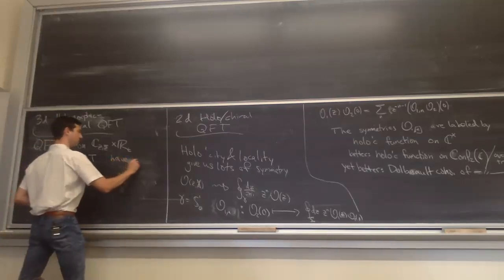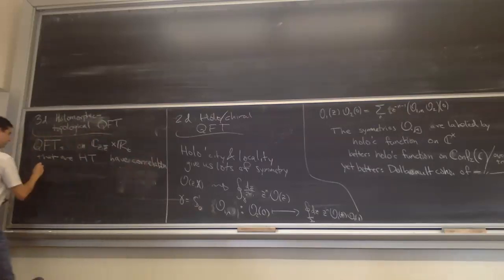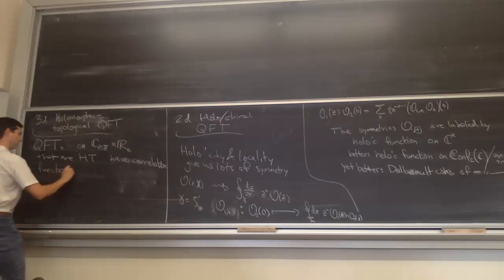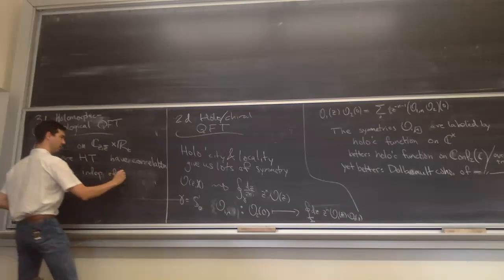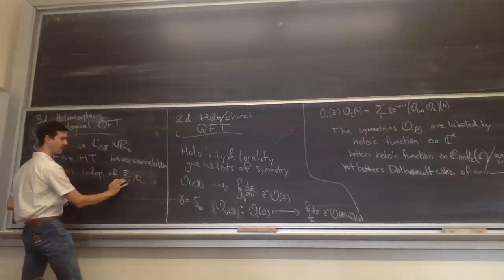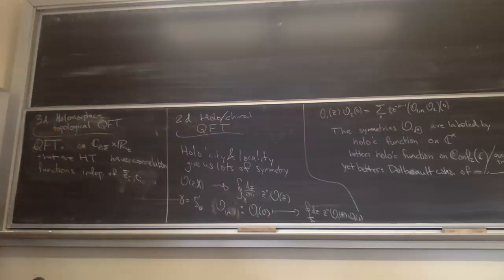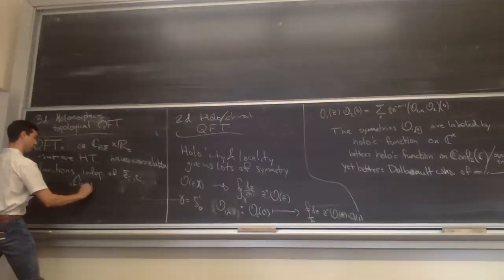For my quantum field theory to be holomorphic topological, it must have correlation functions independent of the z bar i and ti, the anti-holomorphic and real coordinates of the insertion points of these local operators. So this is correlation functions of local operators.